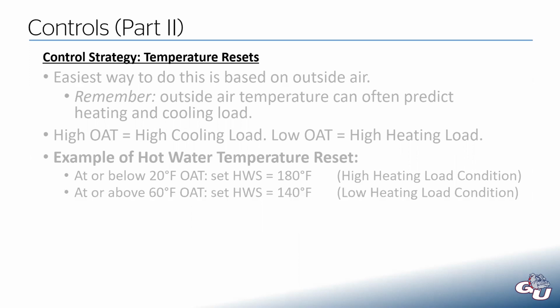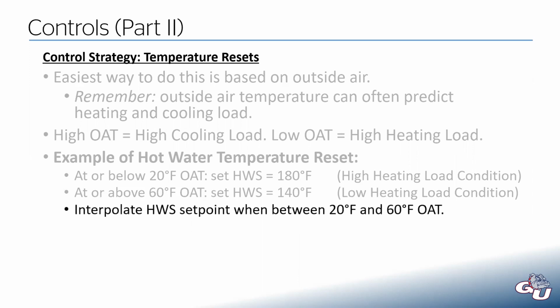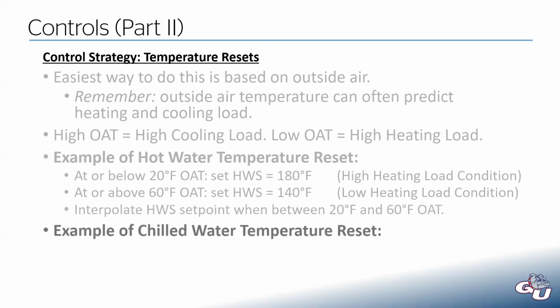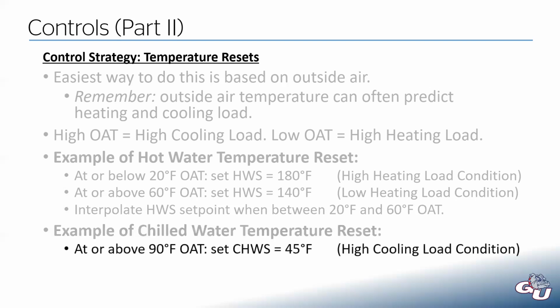And then if we're in between 20 and 60 degrees outside air temperature, we interpolate between the two. So if we are at 40 degrees Fahrenheit, we will be at 160. And if we're at 35, we'll be somewhere else. If we had a chiller, we could do something very similar.